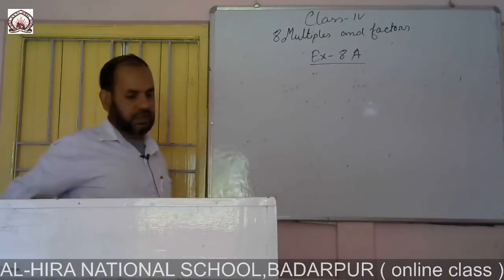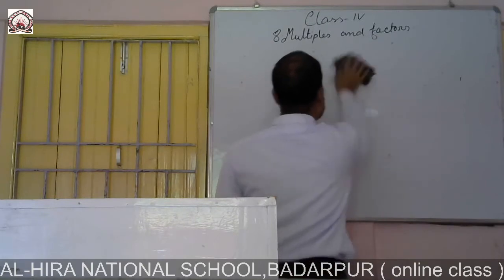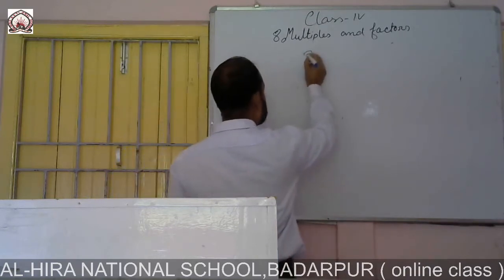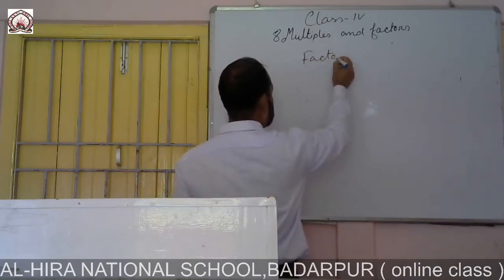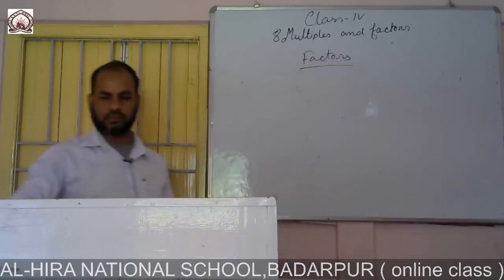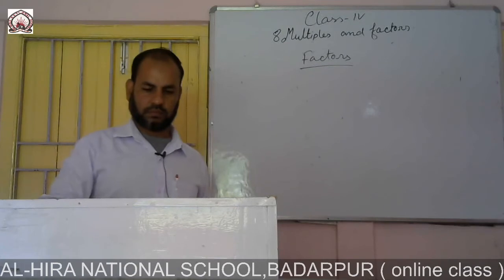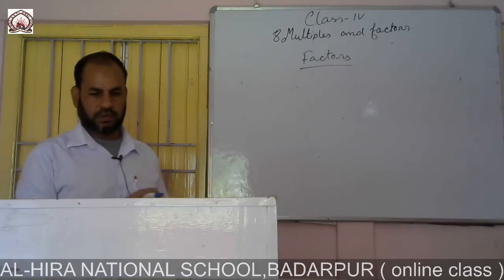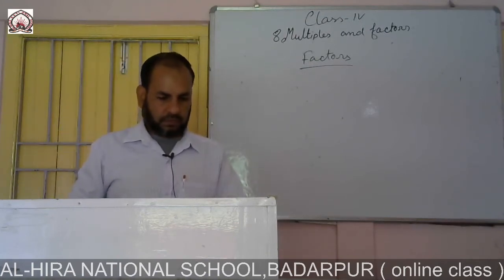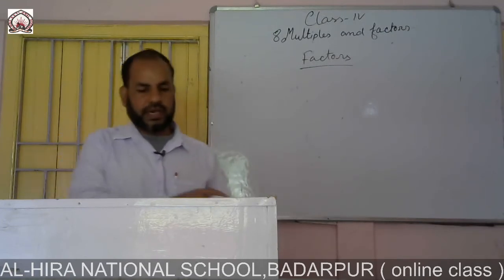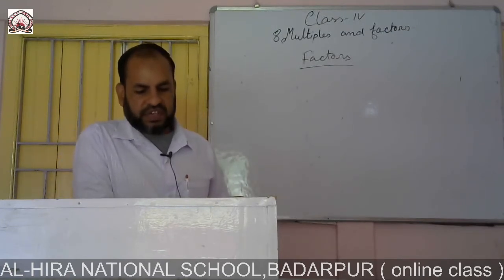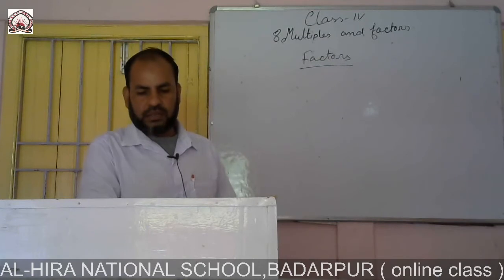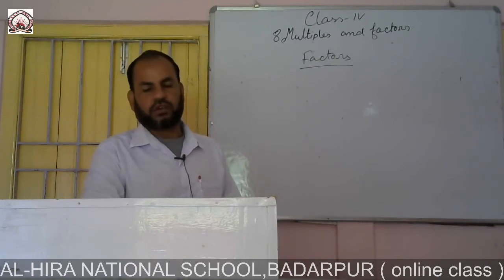Next we discuss factors. So we know that the result of multiplication of numbers is called the product, and the numbers are called the factors of the product.